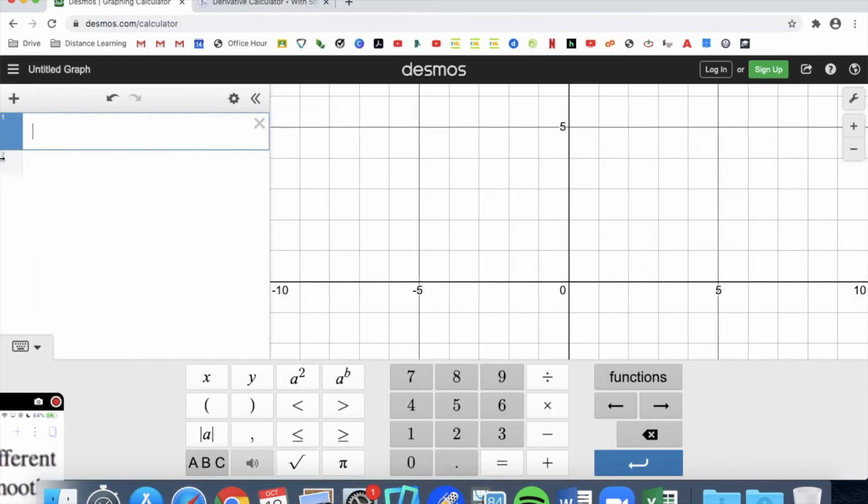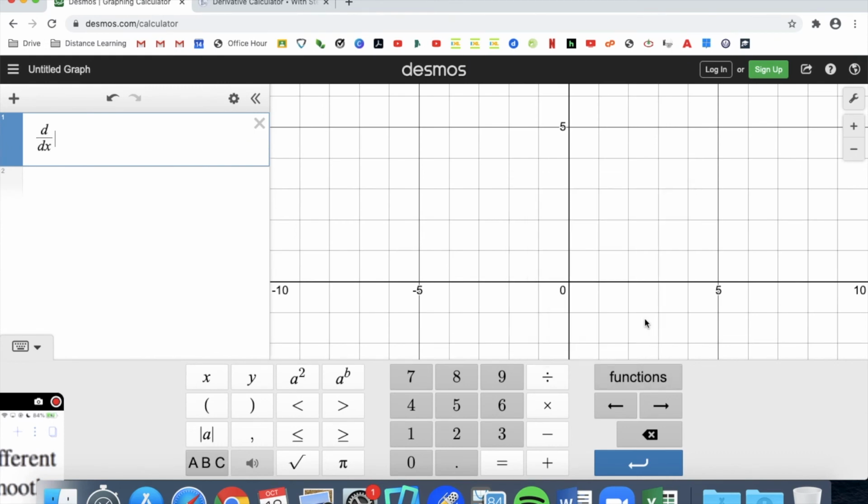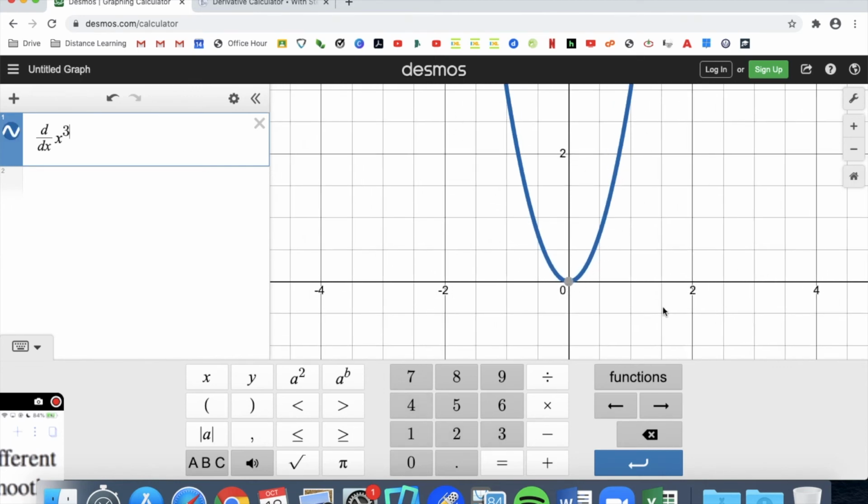Here's Desmos. Let's do a couple in Desmos. Click on functions, and we go to d/dx. Okay, let's do x cubed. Let's see what it does for us. Is this a calculator that we can use? Whoops, not x squared, but we want x to the 3rd. And look, it's the same function that you saw earlier.